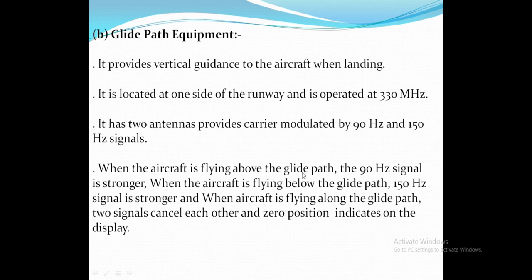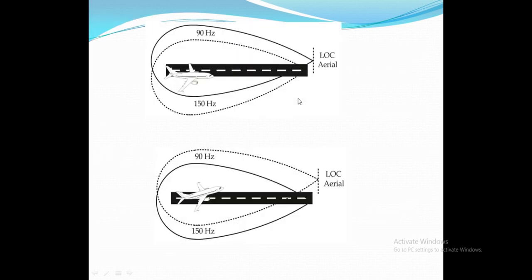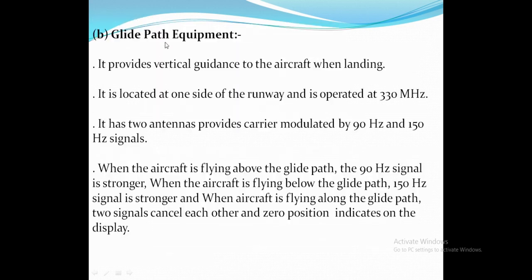Next, glide path equipment provides the vertical guidance. The localizer produces horizontal guidance to the pilot, and the glide path produces vertical guidance for landing. It is located at one side of the runway and operates at 330 megahertz.